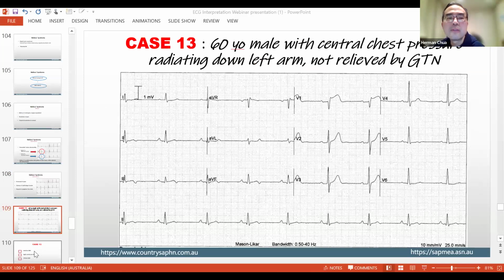Is this an inferior OMI? Okay, so anterior OMI and right ventricular OMI going neck and neck. Okay, we can end the poll there.